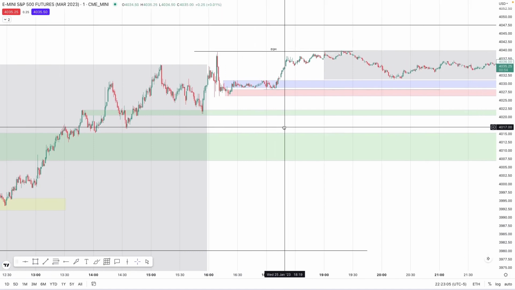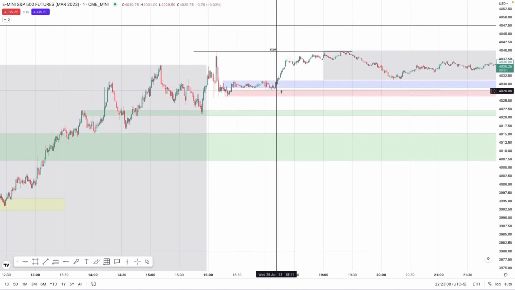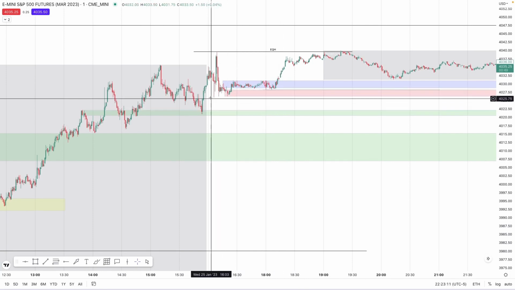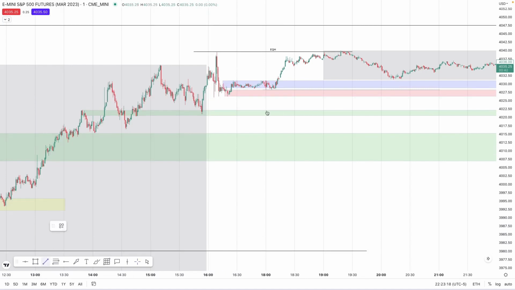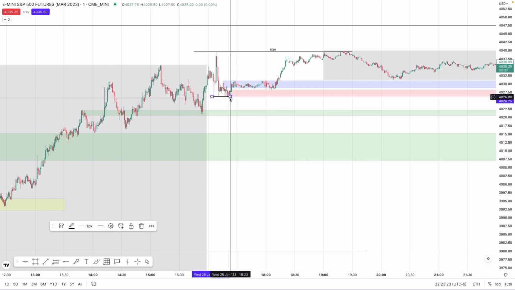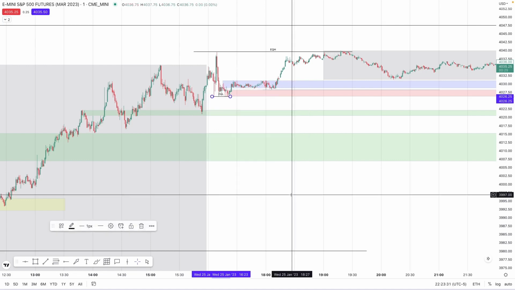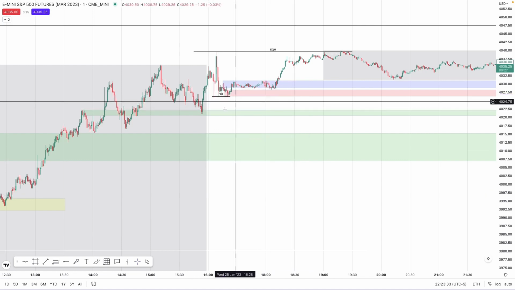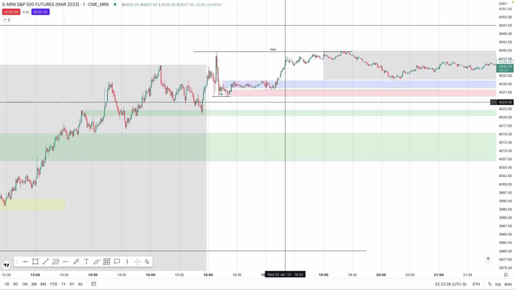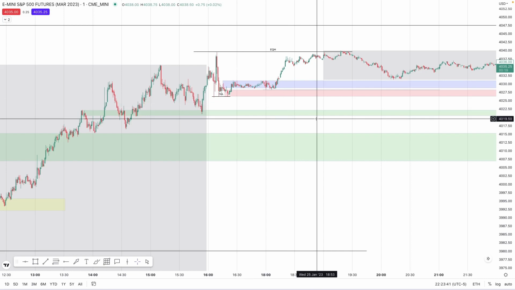I drug that out across too, because down here we have relative equal lows that I have marked right here, and then we also have relative equal lows right here. So if I mark out these relative equal lows, and I look below this, because if we're moving up, London's going to want to take out liquidity just below the Asian range.